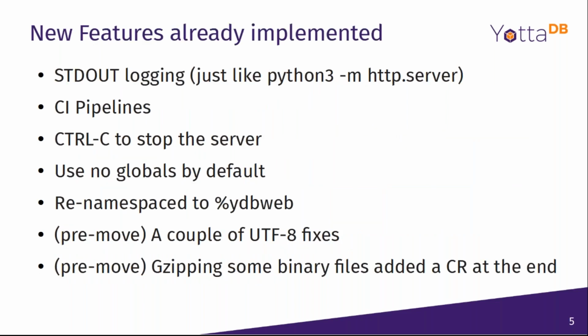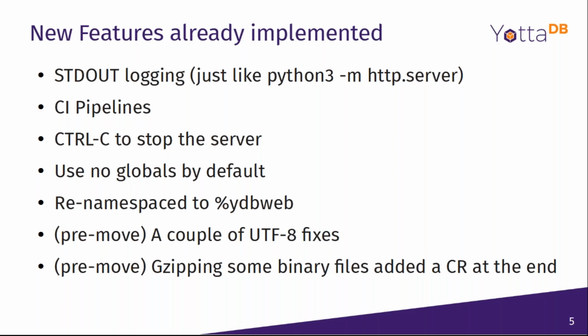Some of the features already implemented: stdout logging, where I copied what gets printed out from the Python 3 HTTP server; CI pipelines; and finally Control-C to stop the server. I really wanted that. No globals are used by default.